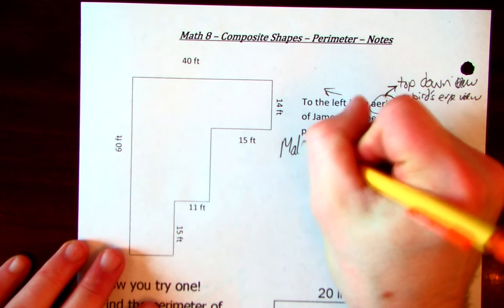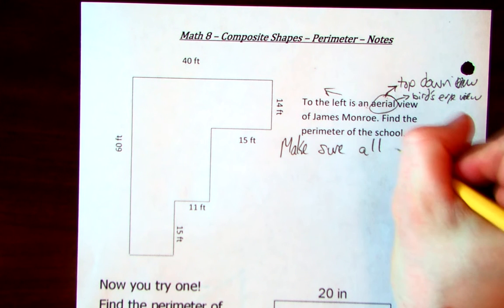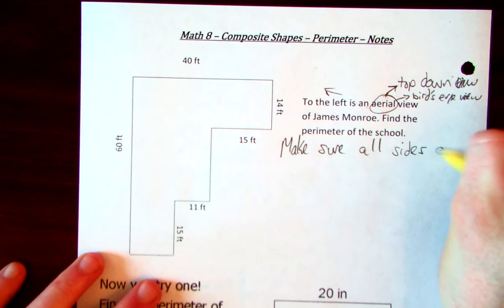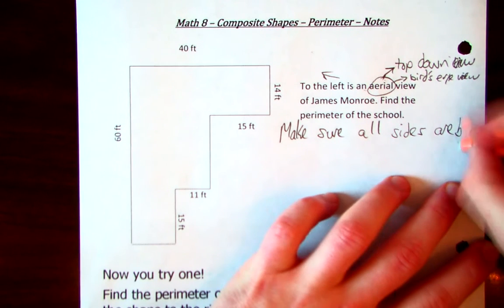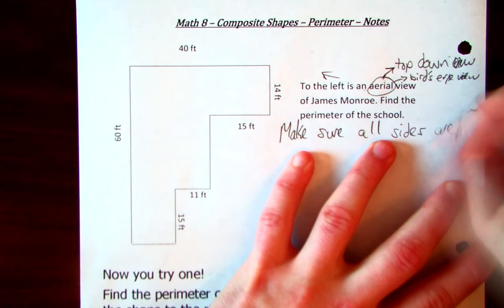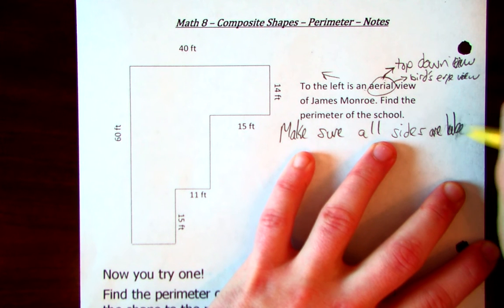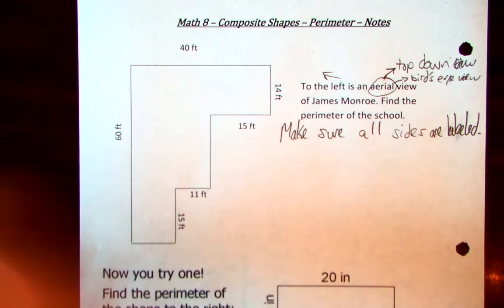Make sure all sides are labeled. Let's make that an L, so that way we know we're correct. Labeled.